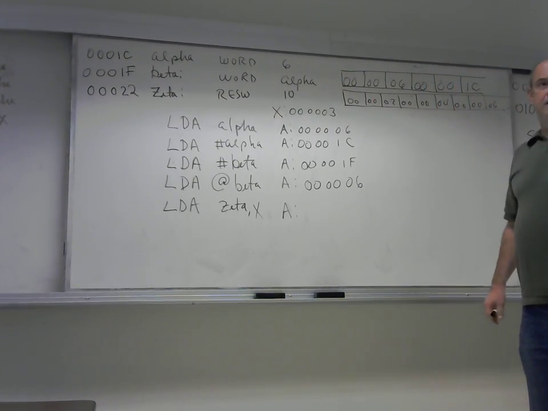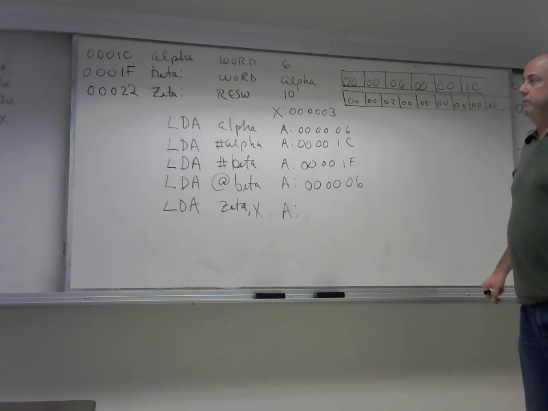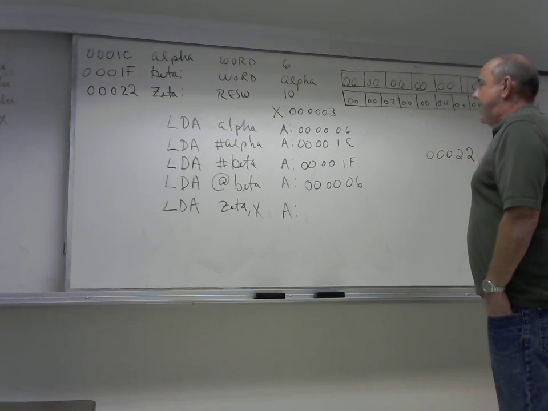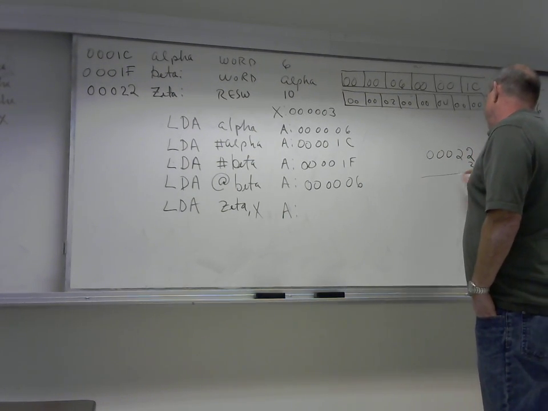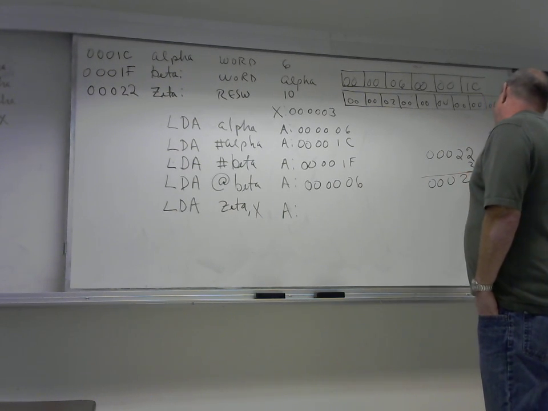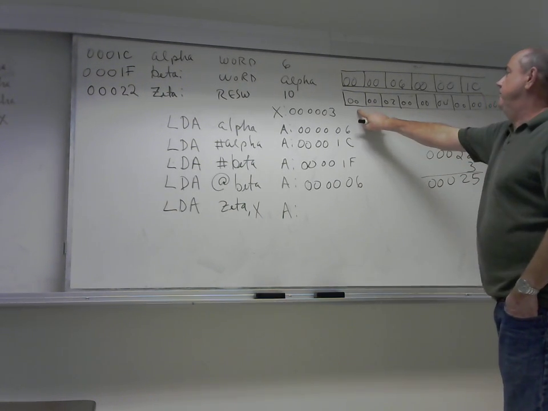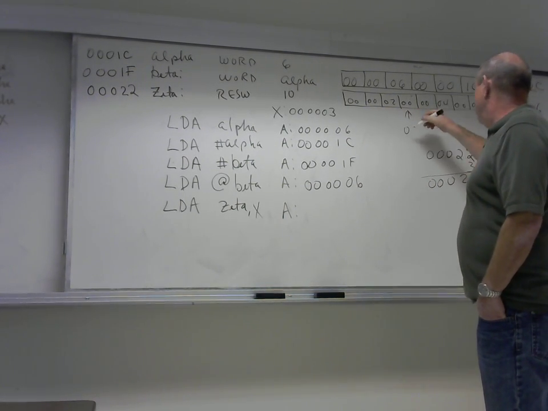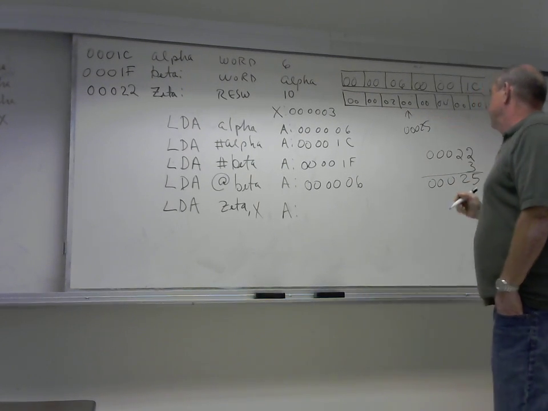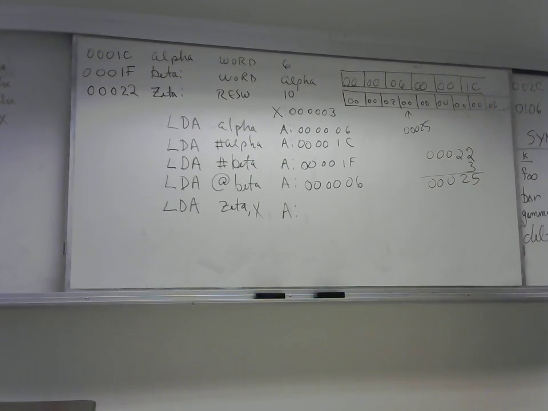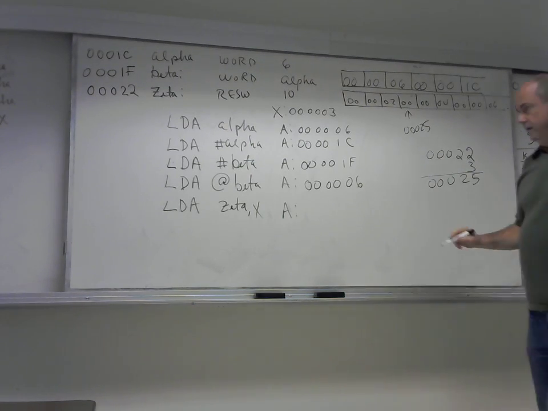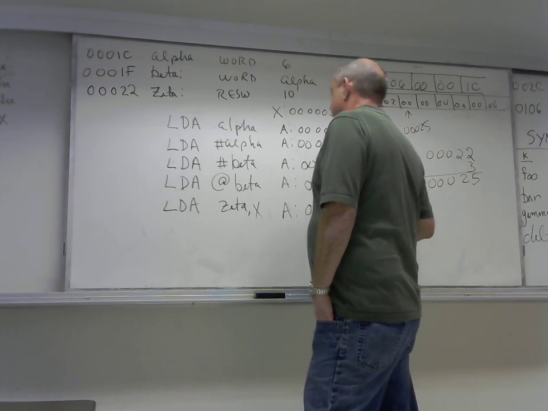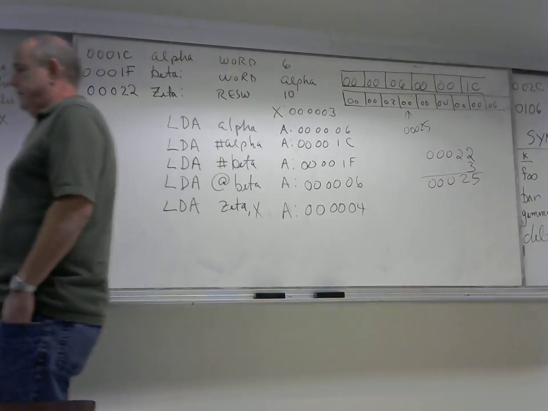Go to zeta, which is 00022. Add what's in the X register and go there. All right, this is 22, 23, 24, 25. This is 00025. What's in register A? 4. So these are your addressing modes.